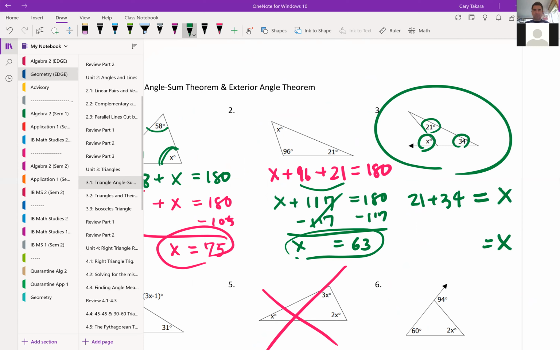X equals 21 plus 34, which is 55. 2 inside equals 1 outside, far apart. Does that make sense?